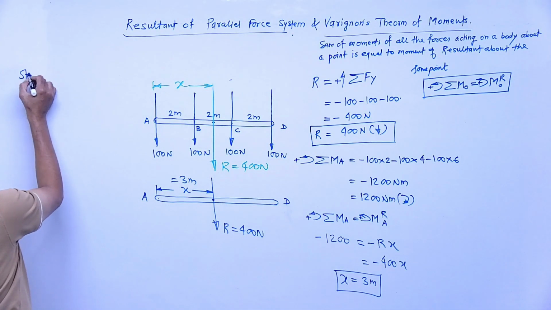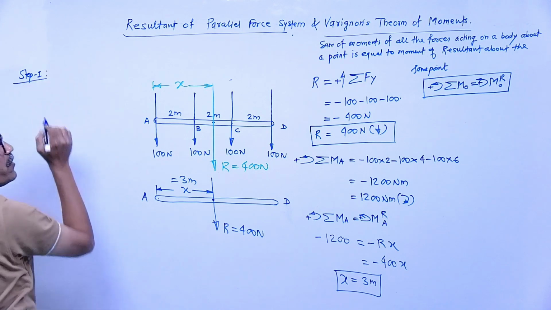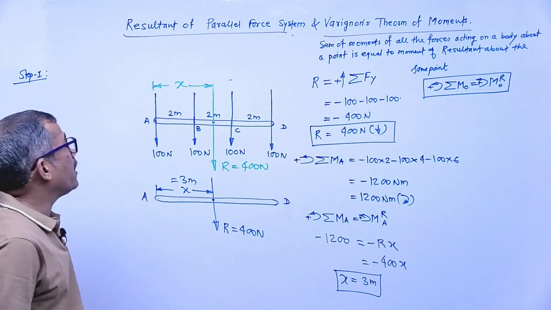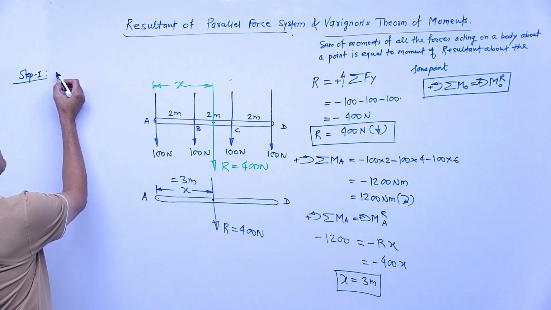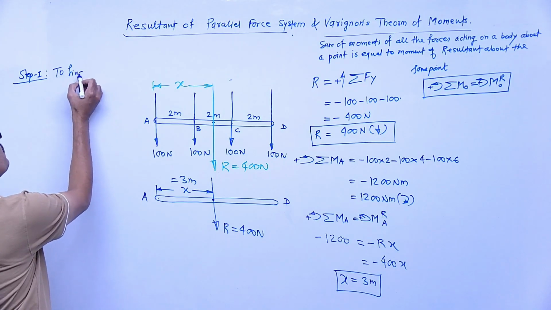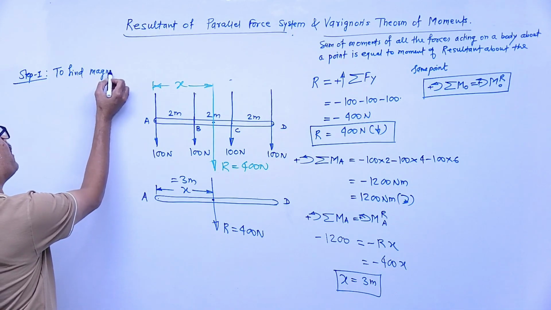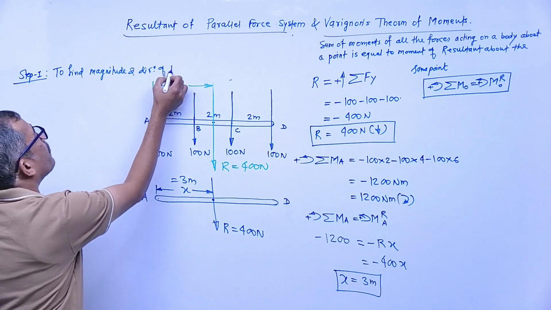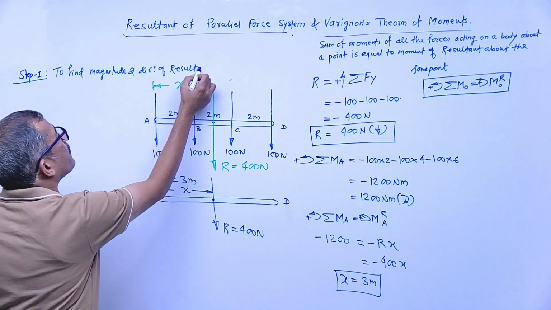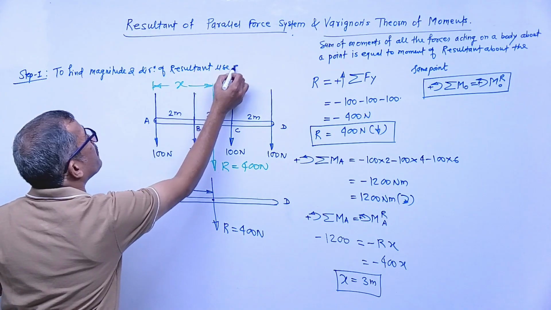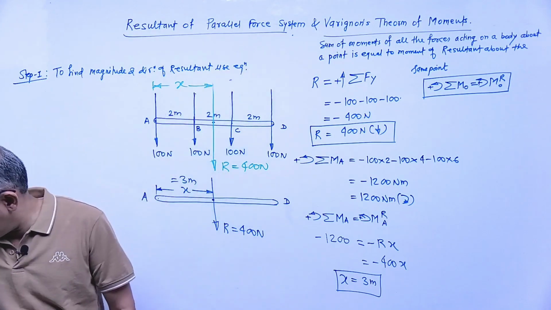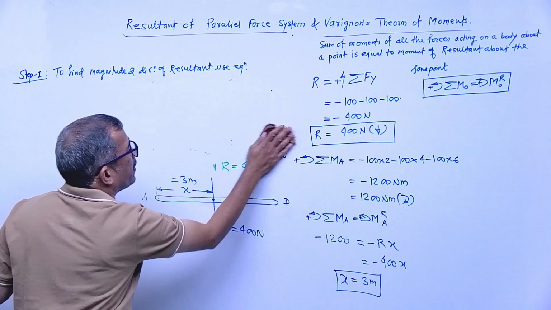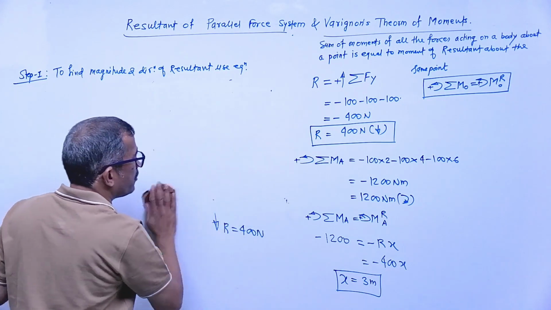Step number 1: to find the magnitude and direction of resultant, which equation will you use?